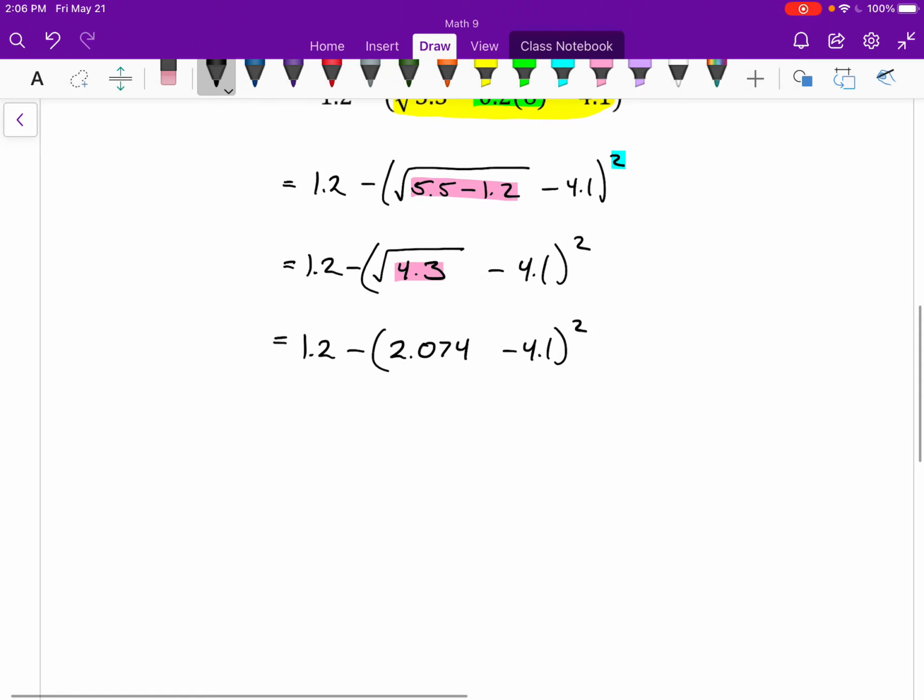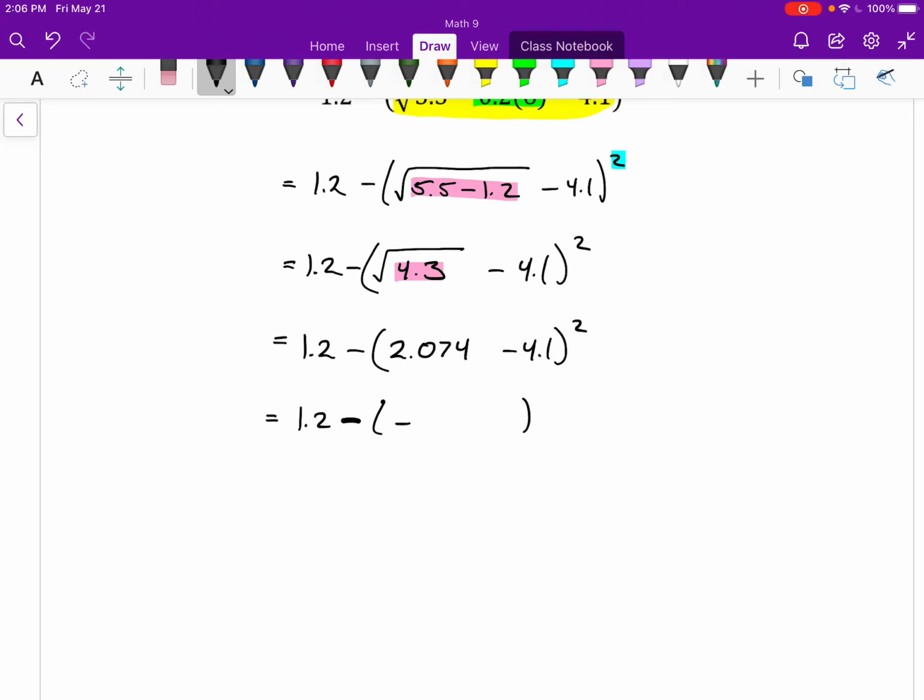Now I want to subtract that, and I'm ignoring this subtraction right here, because I can't deal with that till I have figured out what's in the brackets, which is all being squared. So next, I go 2.074 minus 4.1, which again, I am rounding at this point.